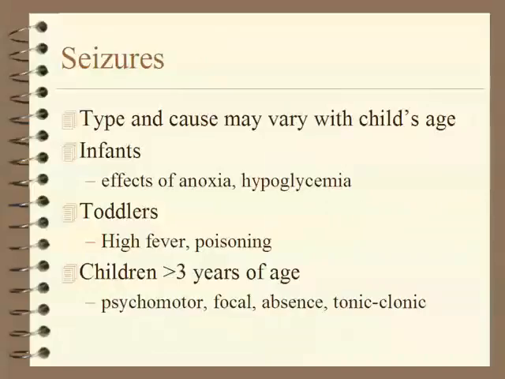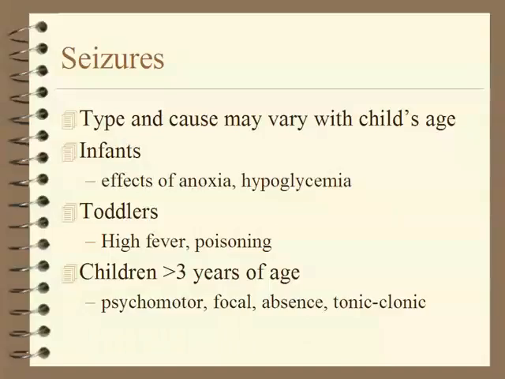Types and causes of seizures can vary with a child's age. I know a lot of times when we hear the word seizure, probably the first thing that comes to mind is that tonic-clonic, or what we used to call grand mal seizures. But oftentimes, especially with an infant, the seizure activity will not manifest itself in that way.